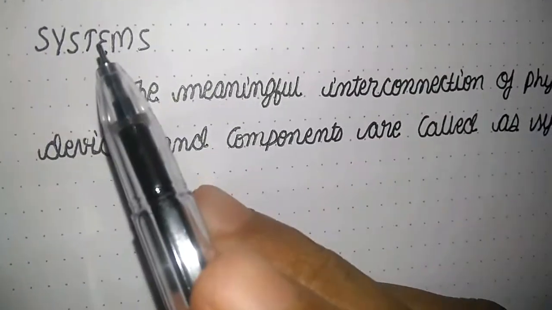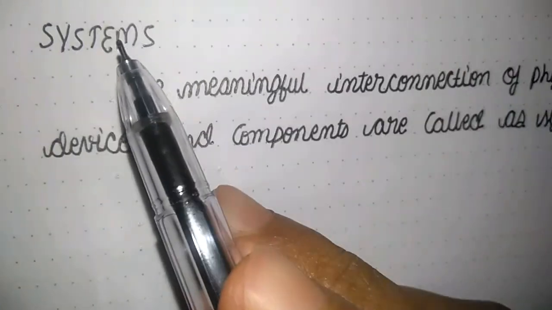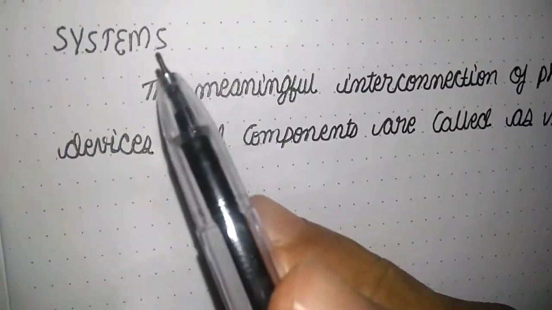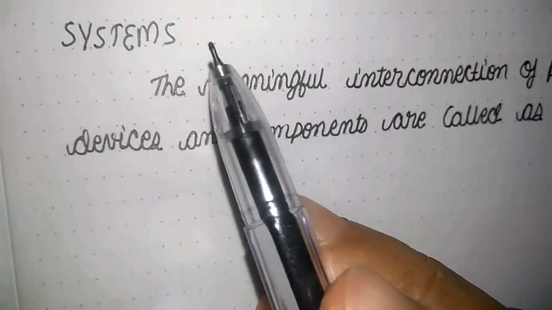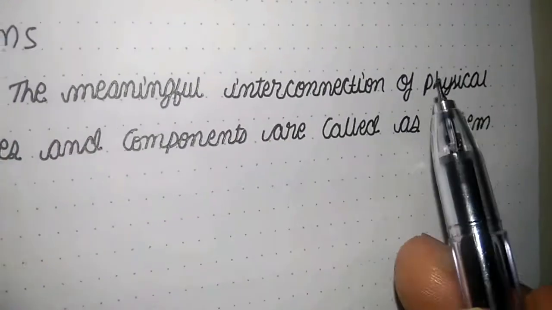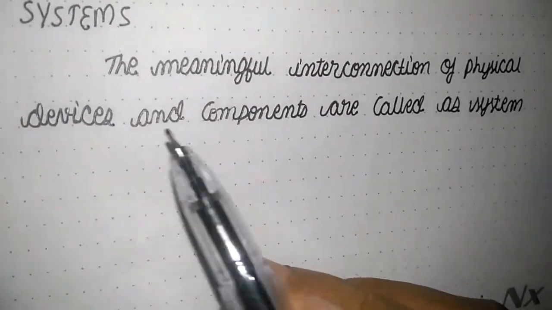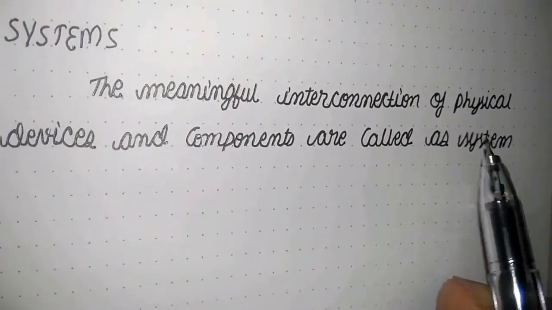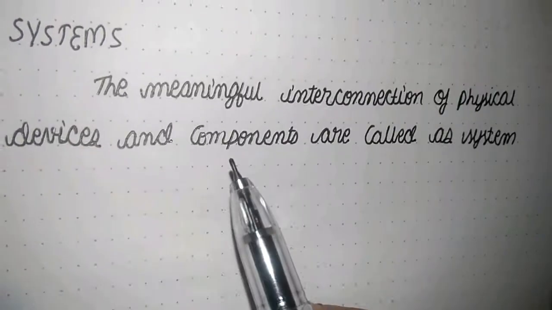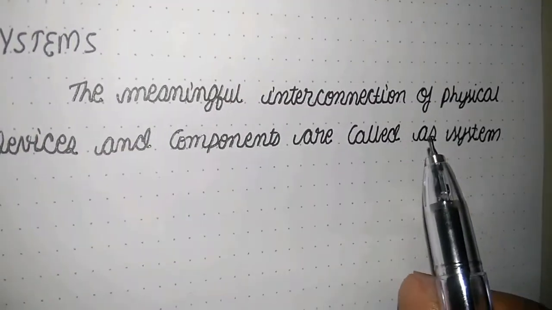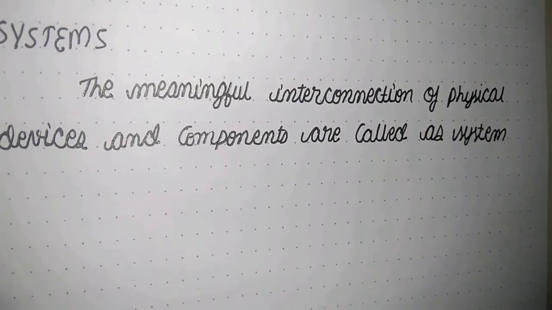Systems are useless without the incoming and outgoing of signals, because systems work on the principle of the signals present in them.